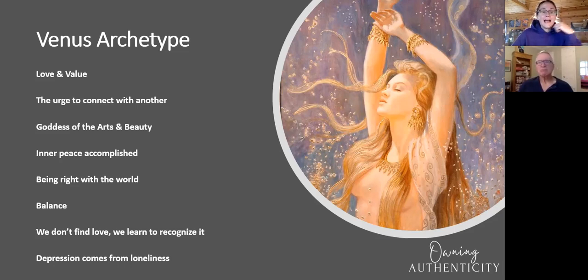When you're actively engaging your Venus in the right way, you will feel content and peaceful. If you don't, chances are there's something in your Venus that you're not bringing into balance. And without looking at everybody's individual natal chart, that's basically as far as we can take that part of the conversation.